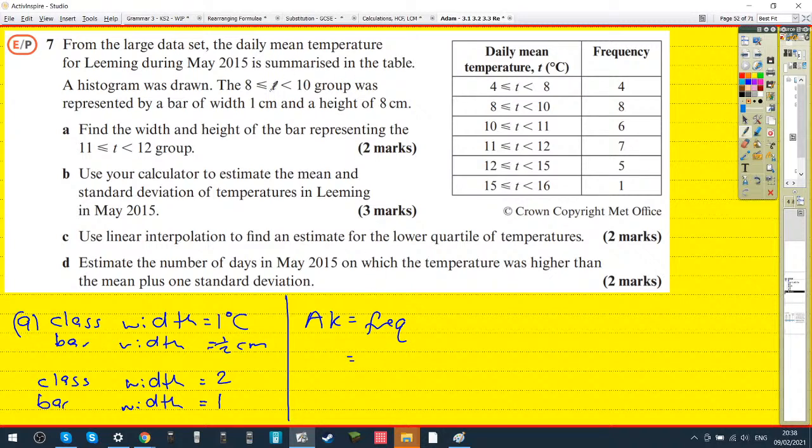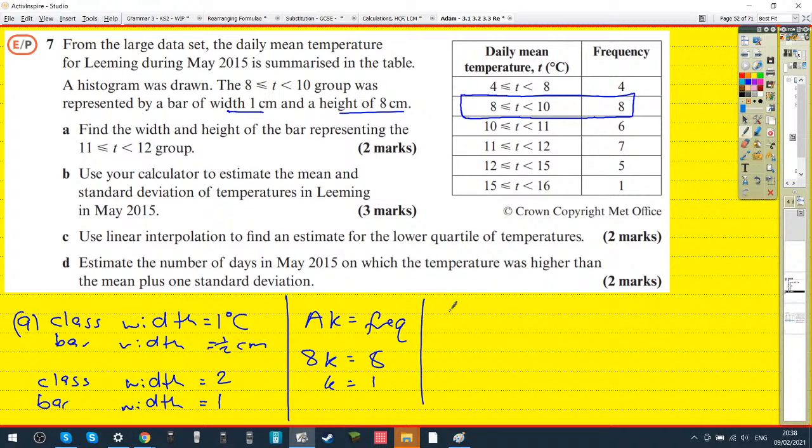So for the one before it, what is the area? What is the frequency? Width of 1, height of 8. Oh, so it'd be 8. And this is the 8 to 10 group. Oh, so it's similar. Oh, okay. So K is 1. All right.